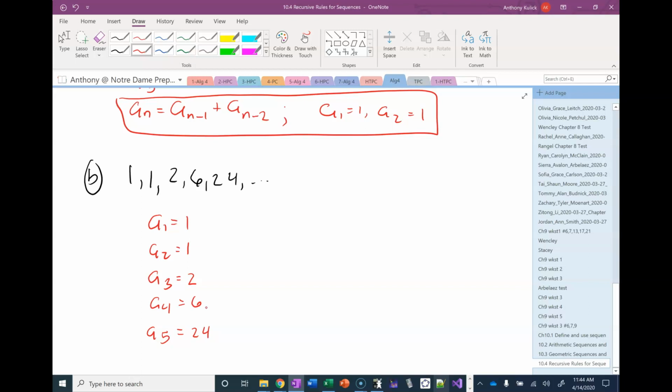So if I look at this, it appears to me that 1 times 1 gives me 1. 2 times 2 gave me 2. 3 times 2 gives me 6.